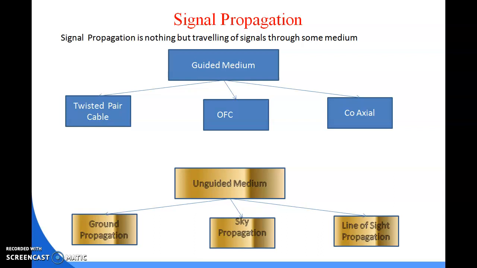In case of guided medium, cables are used: twisted pair and coaxial cables. And for the unguided mediums, the signals travel through the air, and there is ground propagation, sky propagation, and line of sight propagation.